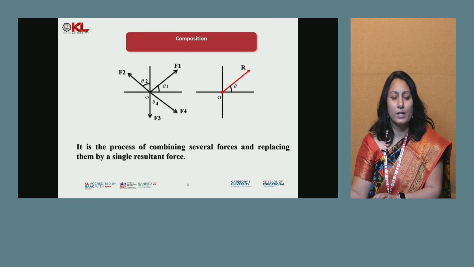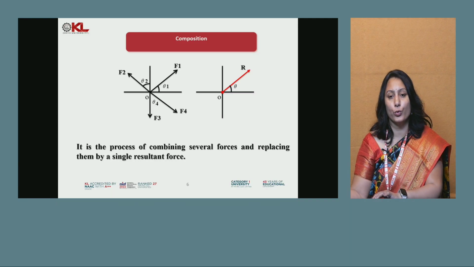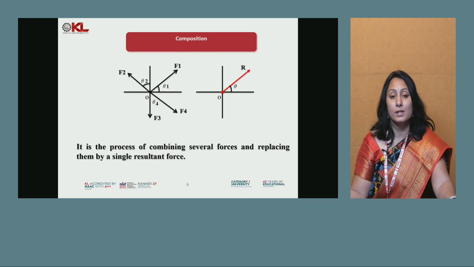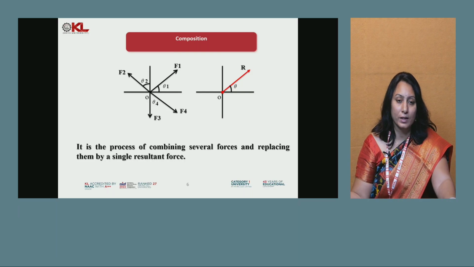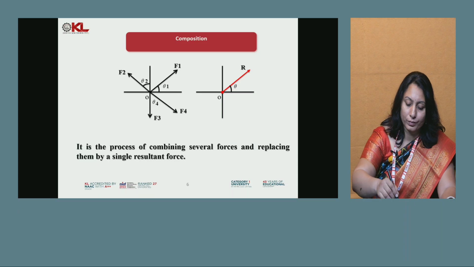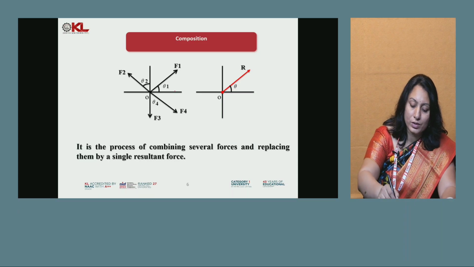Yes. As I told you, composition is the opposite of resolution. This is the process of combining several forces and replacing them with a single force, which is called the resultant force. So this F1, let us write it here, F1 cos theta 1.